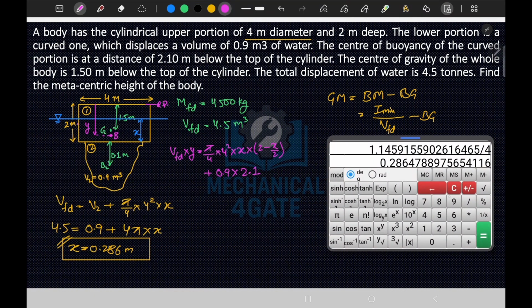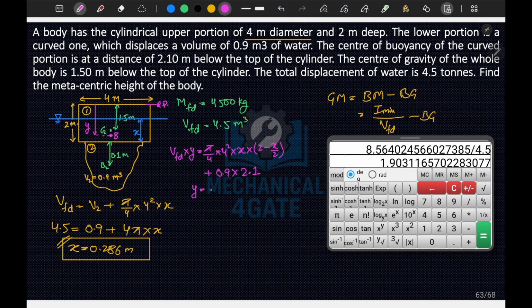This is pi by 4, that is pi into 4 into x, 0.286 into 2 minus 0.286 divided by 2. This term comes out to be this, plus 0.9 into 2.1, and this divided by the volume of fluid displaced, which is 4.5. So we have obtained y is equal to 1.9 meter.